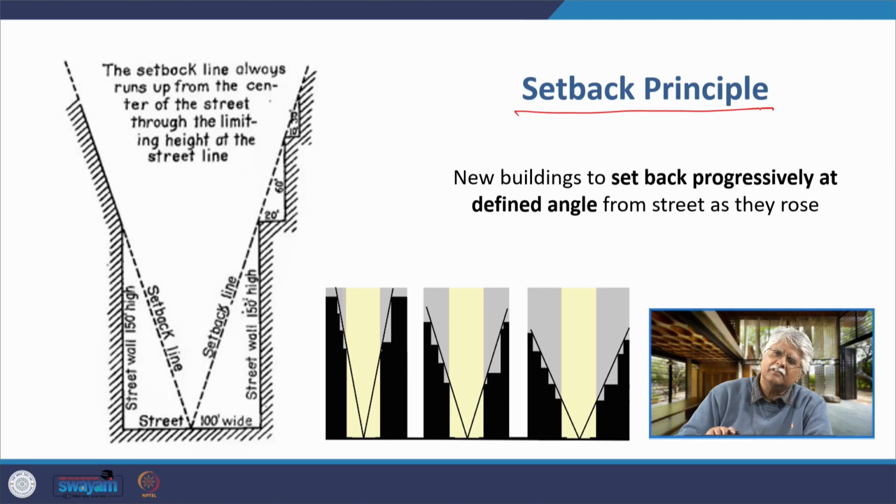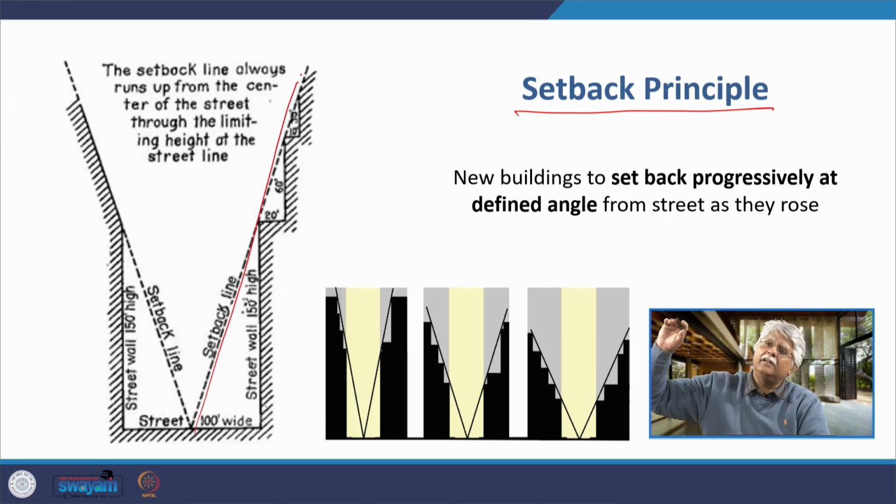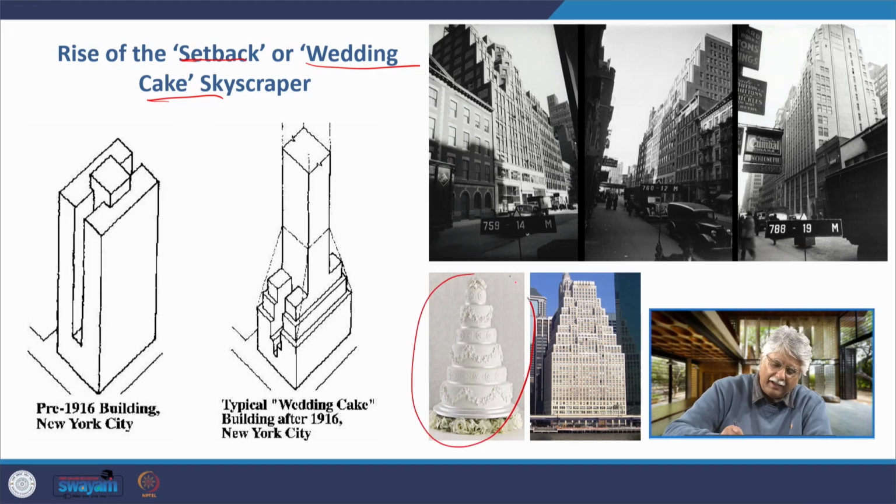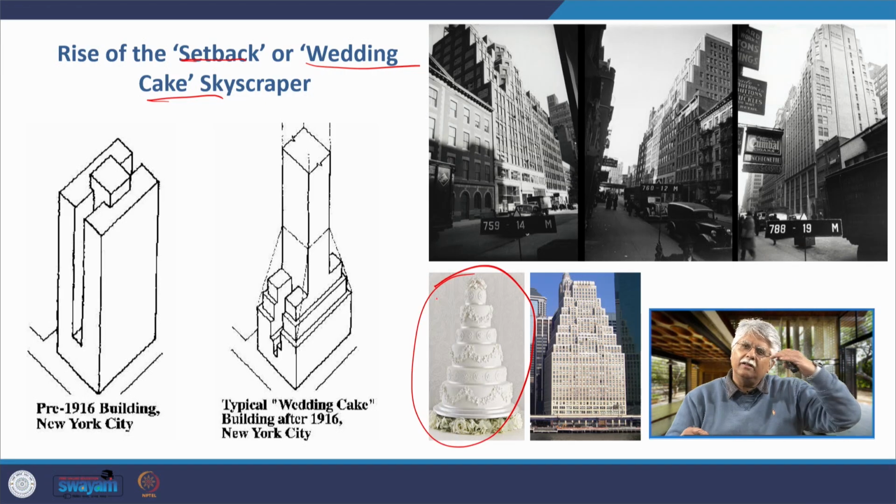As the skyscraper rises up, with a given mathematical formula of setback line, it will keep on setting back. As a result, it will allow penetration of daylight all the way to the street. And thus came the rise of the setback or wedding cake skyscrapers, shaped like a wedding cake, with floors mounted and constantly receding back, giving rise to the skyscraper.